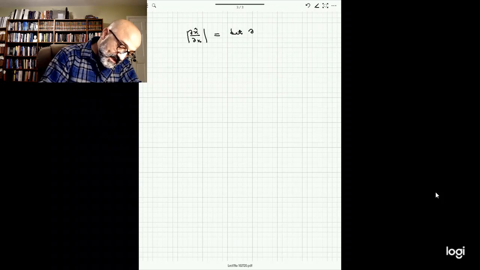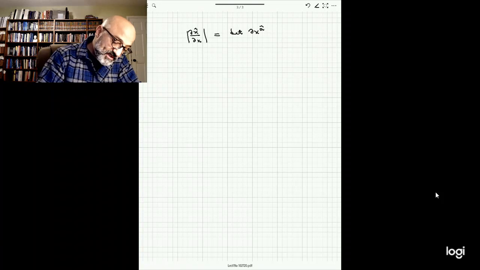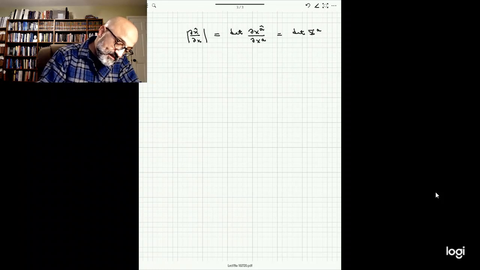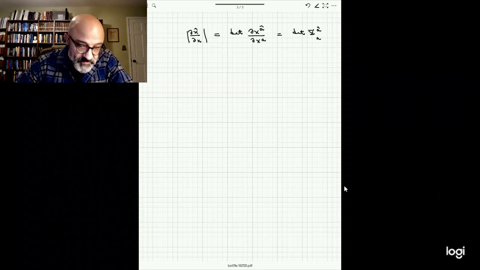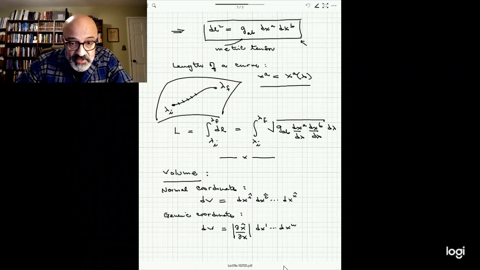The matrix of the normal coordinates, the ones that are nicely orthonormal to each other, dx hat a. So that determinant, which is the determinant of this matrix, is the Jacobian. So if we want to compute what this volume element is, we need to have that Jacobian.